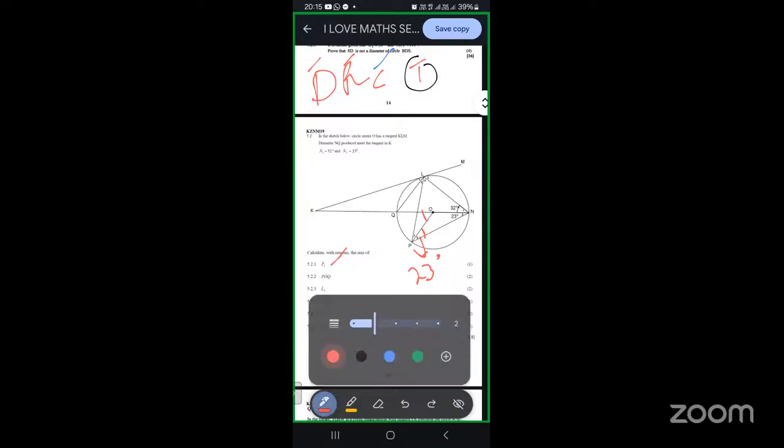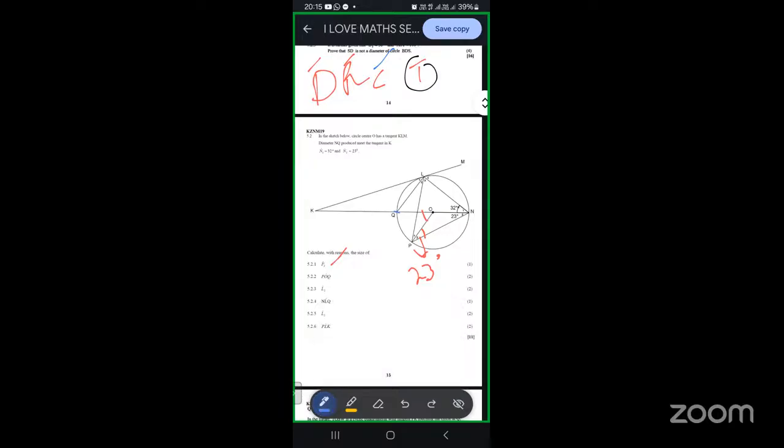Using this diagram right here, this angle at the center is 2 times that angle there at the circumference. Therefore, the angle that we are required to find will be 46 degrees, reason being angle at the center is 2 times angle at the circumference.